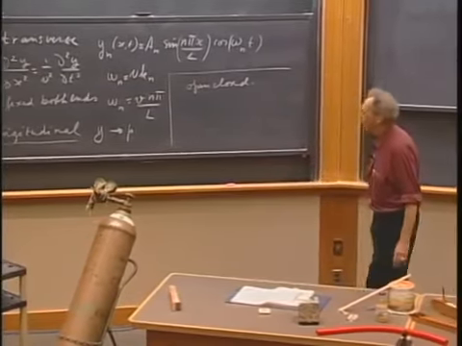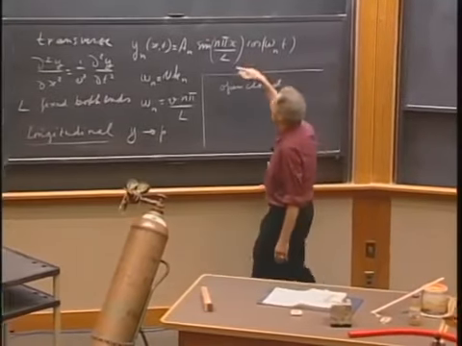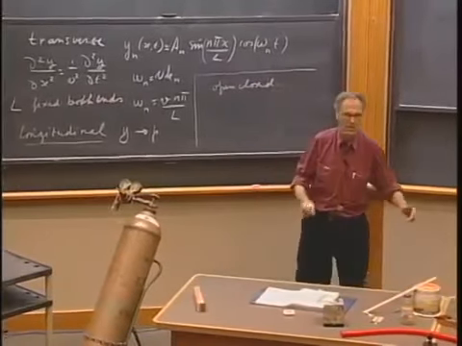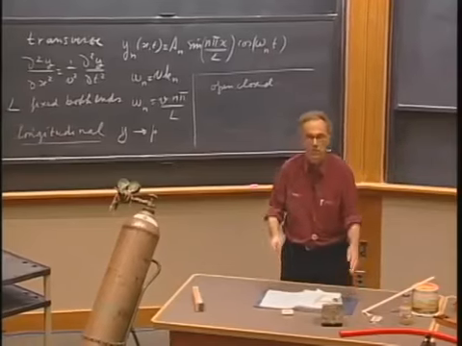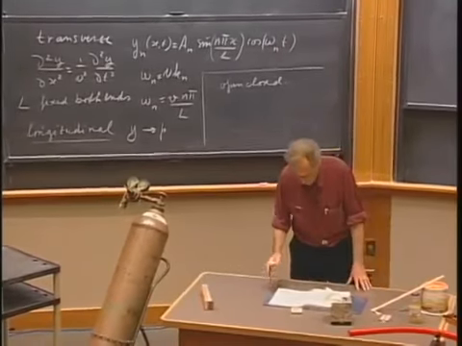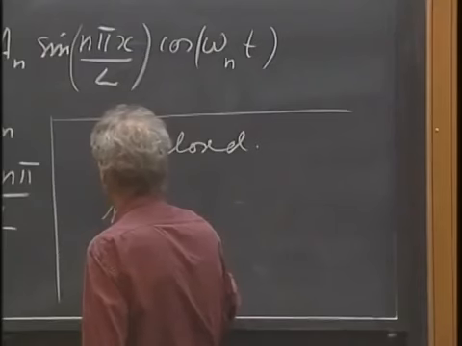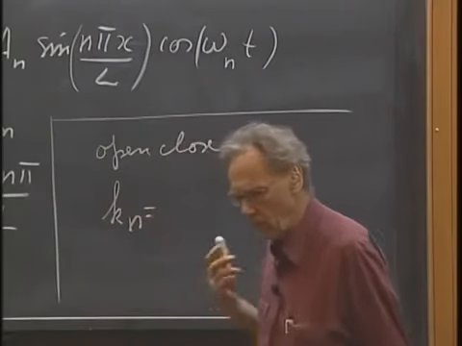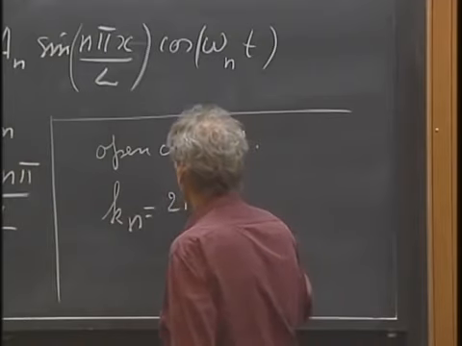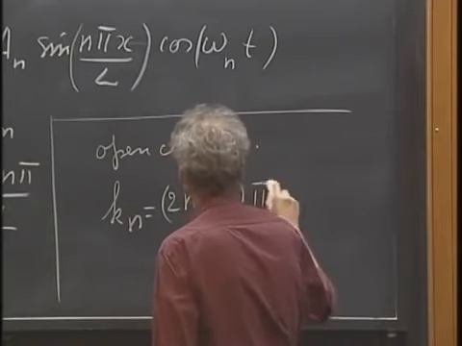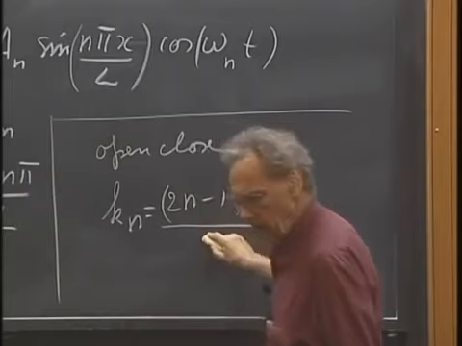That gives you then different values for this k of n. The sign may even have to be changed to a cosine, depends on where you define x equals 0, but that's not so important now. But what is important now, that your k of n in that equation now gets the form 2n minus 1 times pi divided by 2L.